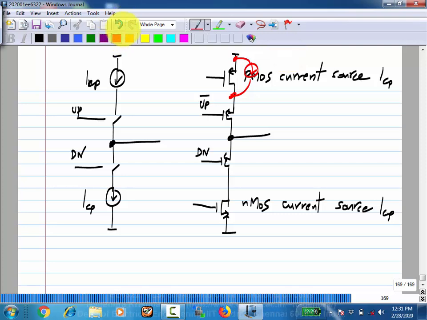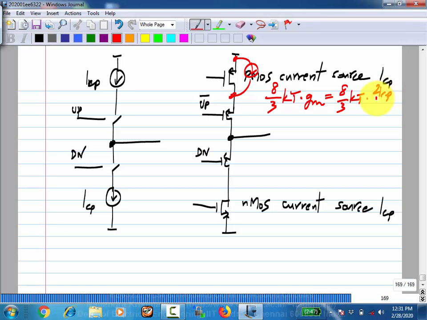Yeah, so if you consider only the thermal noise of this, it will be 1/8 kT times Gm. And how much is Gm? I mean, it depends on the region, but if you assume saturation region, it will be 1/8 kT times what?